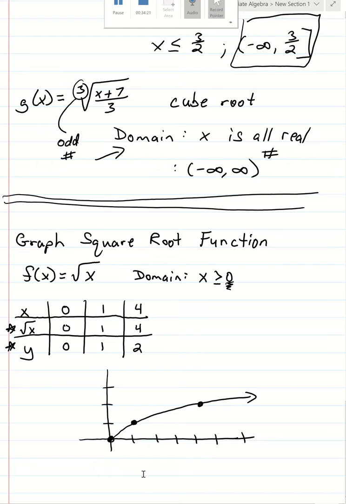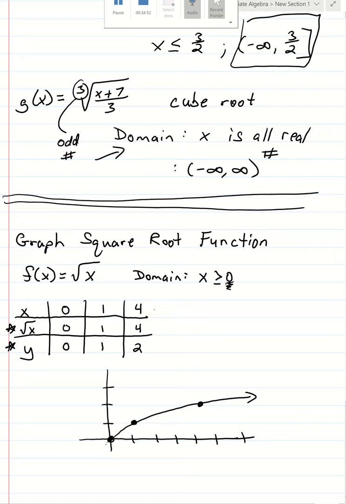Don't use a ruler here. This is not a straight line, okay? This is a curved line. Notice I don't go beyond the 0 because I can't. My x value, this has to be the very first point. Do not draw any lines in this direction, okay? That's not true. Notice this line is going to keep on growing upward, okay? Because as x gets bigger, so will y, all right?